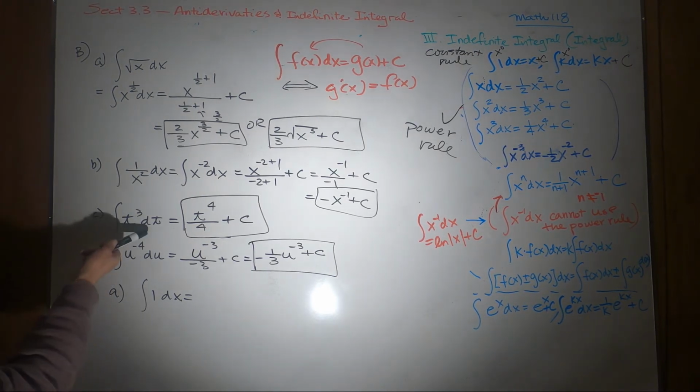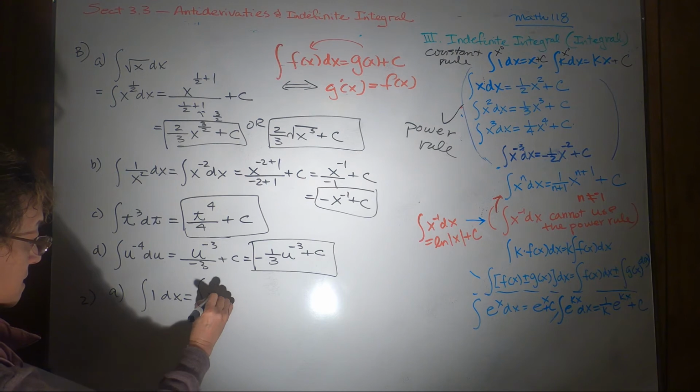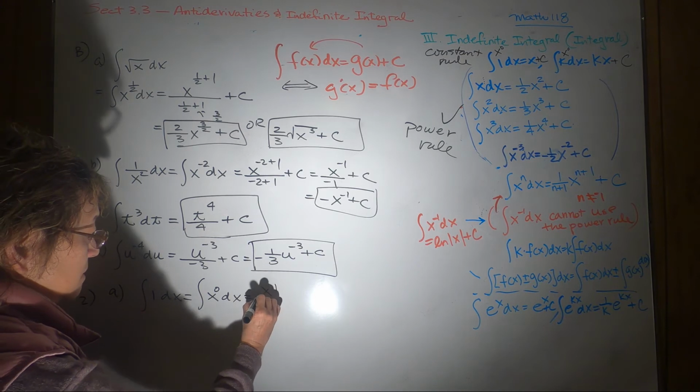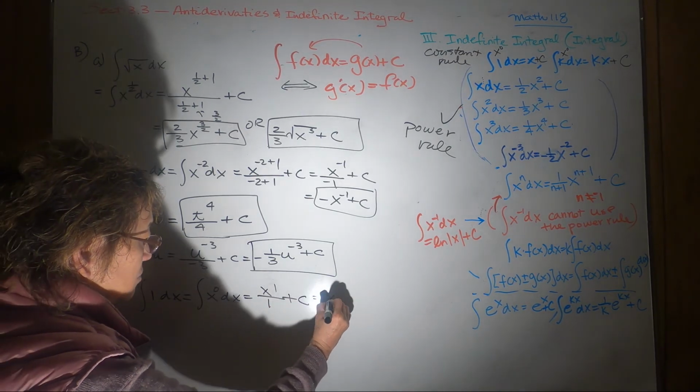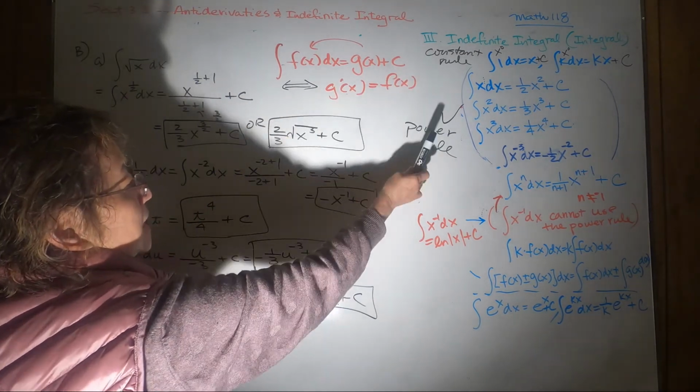If it's against t, I should get t. But it's against x, I should get x. So this is 0 level. One is what? So actually this is the same 0 level, right? Then what should I do? I go a level higher, so that would be x to the 1 divided by 1 plus c. So that would be x plus c. So that would be your answer for the constant rule. Okay, so we did what? Constant rule and power rule.